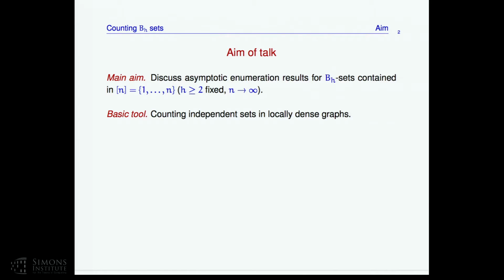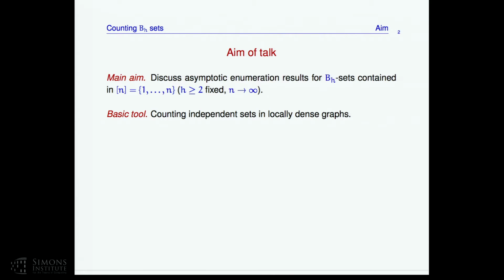The basic tool that we use to do this is that, very roughly speaking, we translate the problem at some point to counting independent sets in locally dense graphs. These graphs are quasi-random, or at least from below, so you know that smaller sets have at least some density.